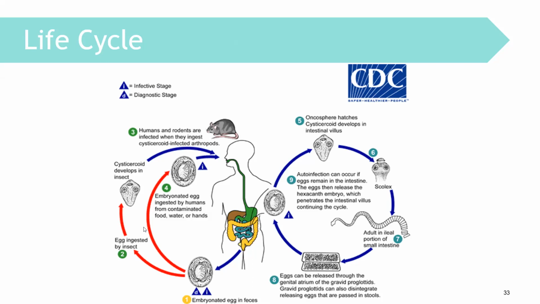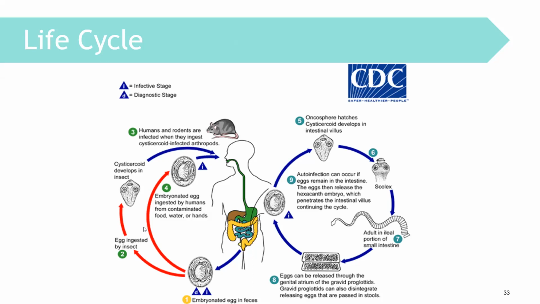Thus, the infective stage of the parasite is ingestion of food contaminated with eggs of the parasite. In some life cycles, it may involve the presence of a host, and that is an insect host. Okay?